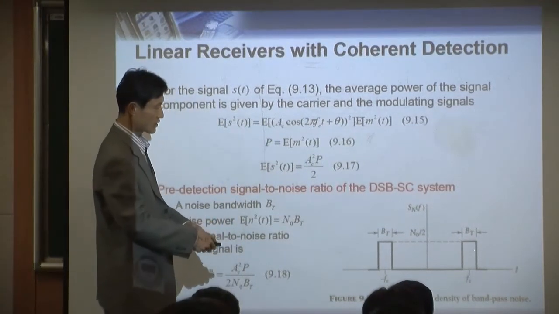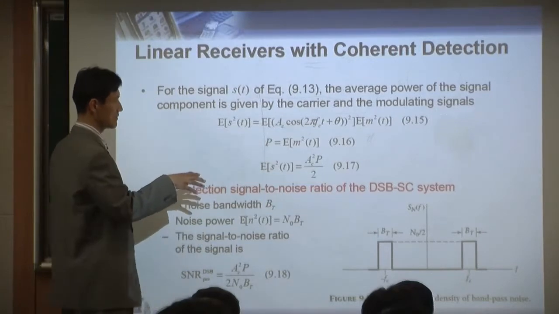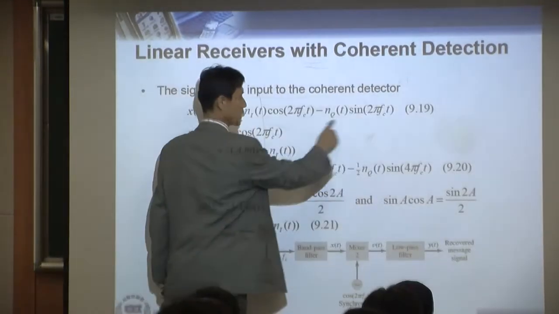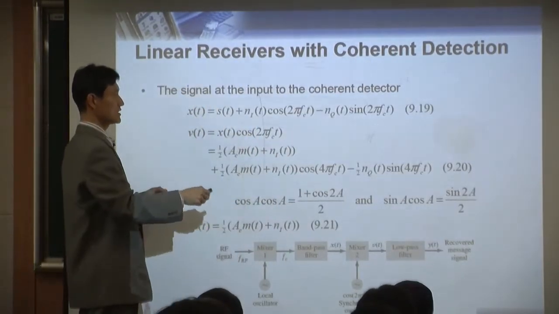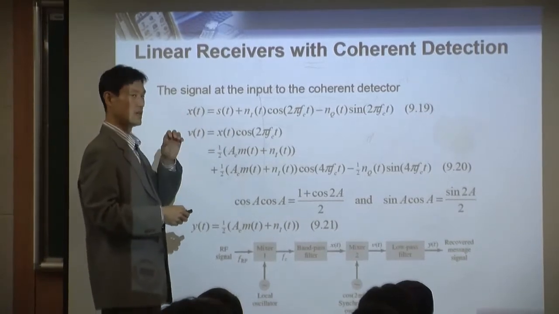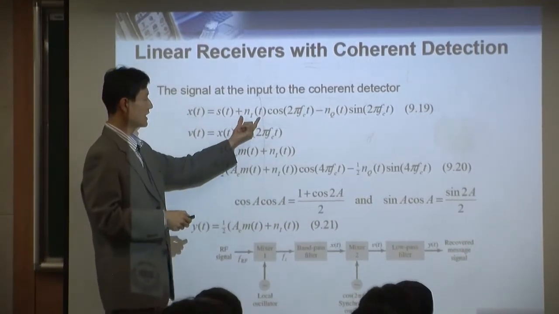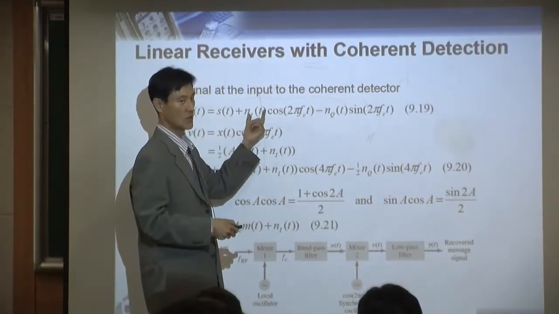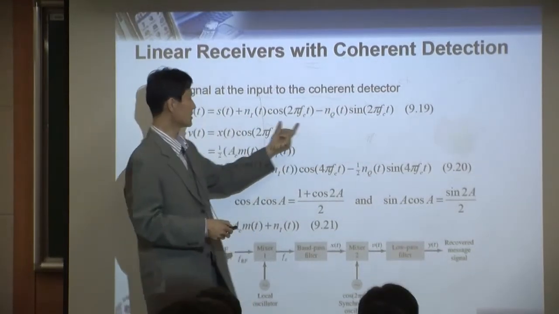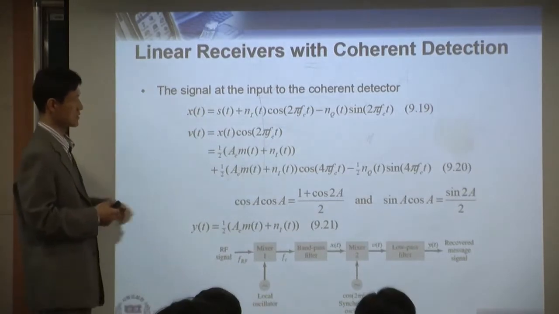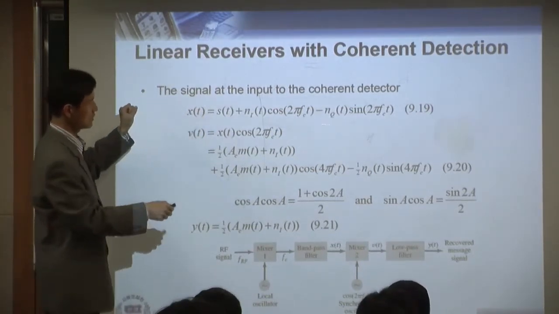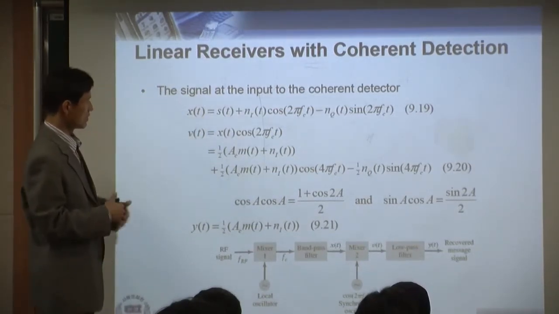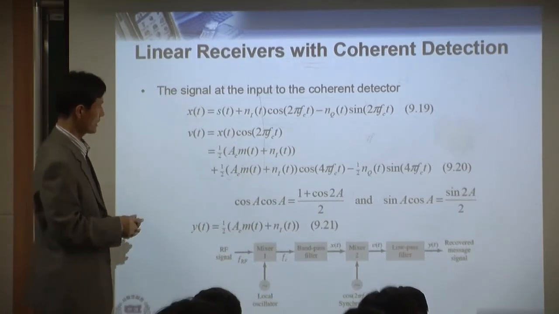So therefore, we're going to change the representation of n(t) this way. Once you change this, n(t) is passband, but n_I(t) and n_Q(t) are both baseband representations, right? Once you change n(t) into this, now you can go the same way.